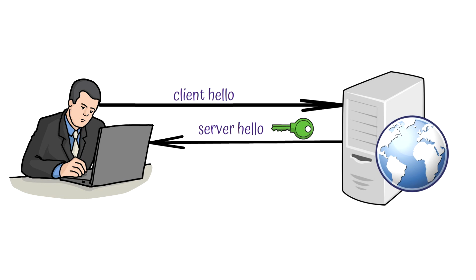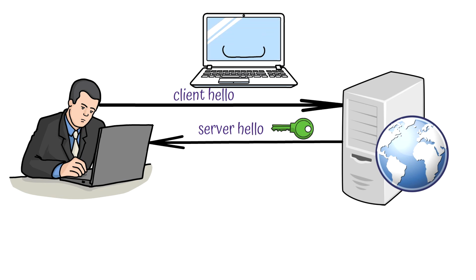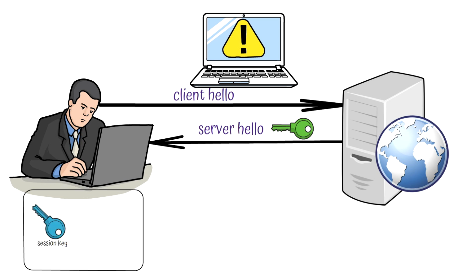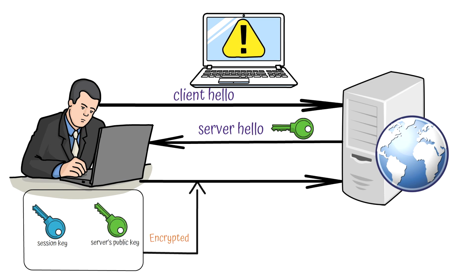The client verifies the received server's SSL certificate from the certificate authority and authenticates the server. If the authentication fails, then the client refuses the SSL connection and throws an exception. If the authentication succeeds, then the client creates a session key, encrypts it with the server's public key, and sends it to the server.